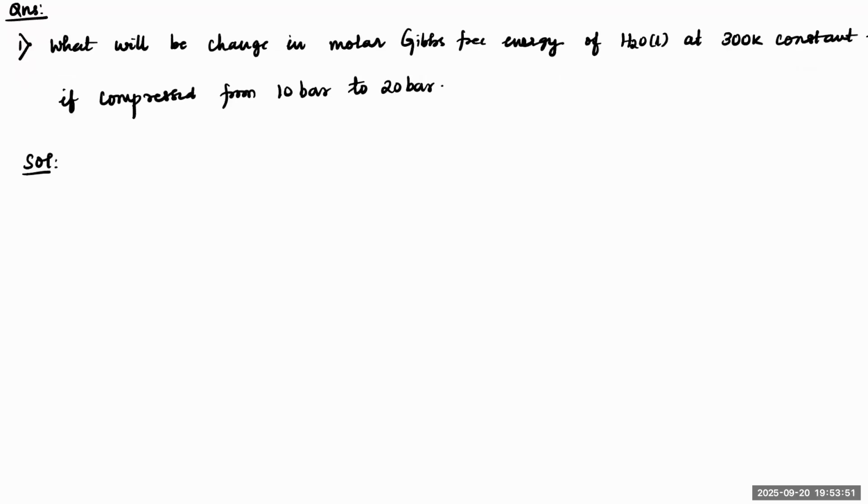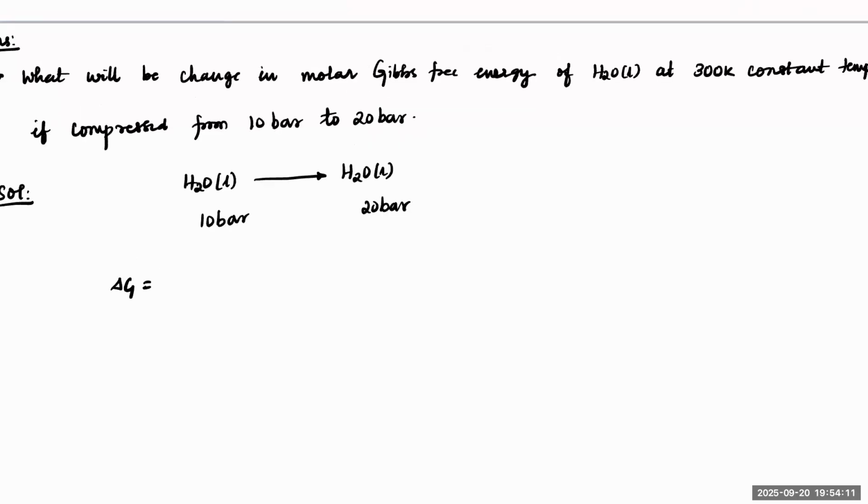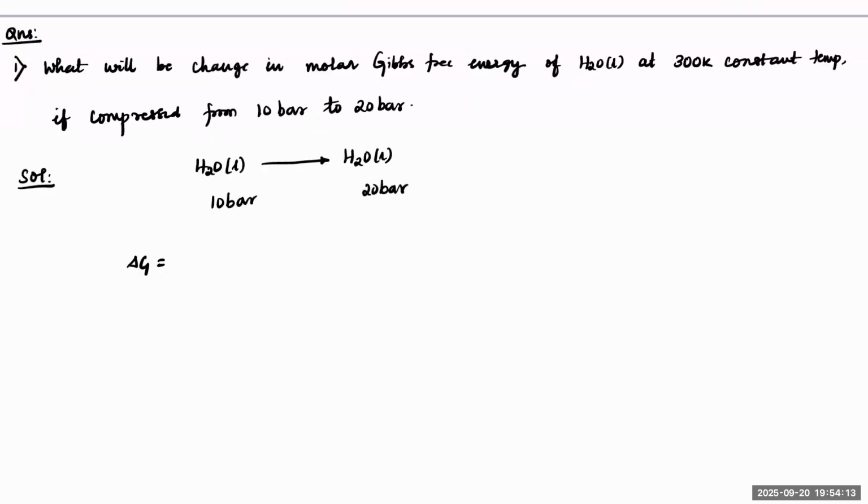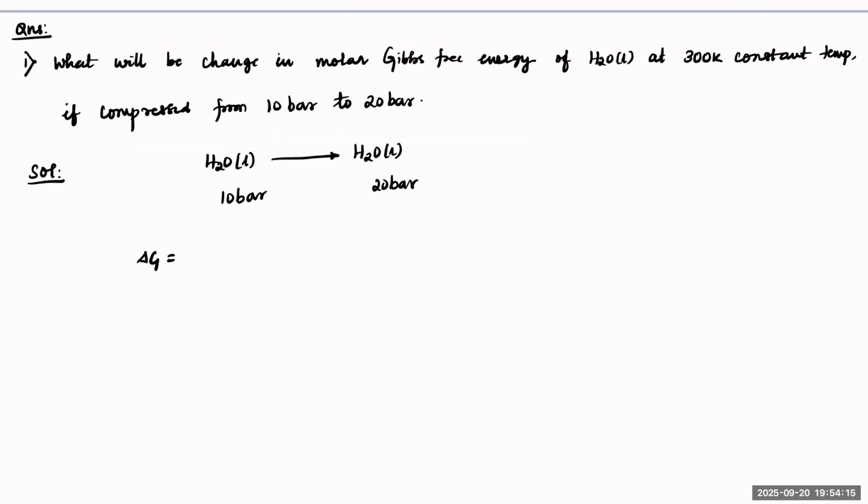So just to give you a hint, H2O liquid is getting compressed to become H2O liquid at two different pressures. One is at 10 bar, one is at 20 bar. So in such a case, you need to figure out what is delta G. I want you to do this once. I'll give you 1 minute's time, then I'll discuss it.